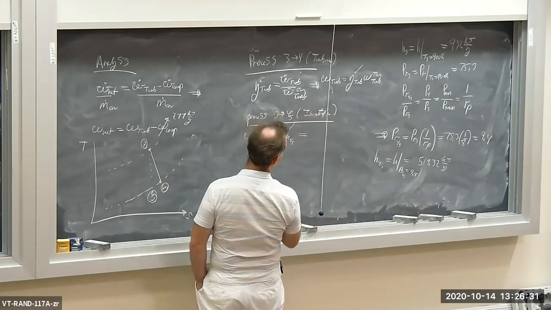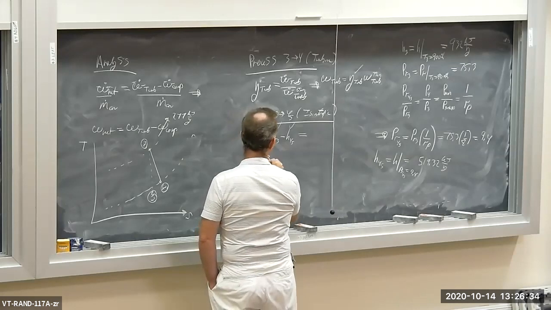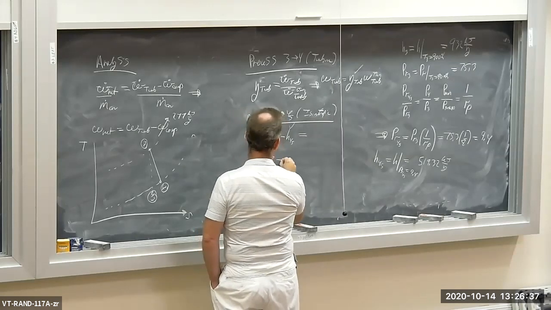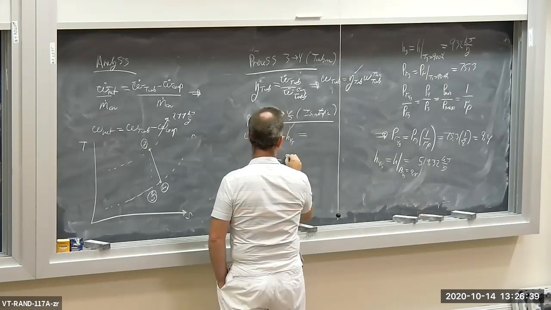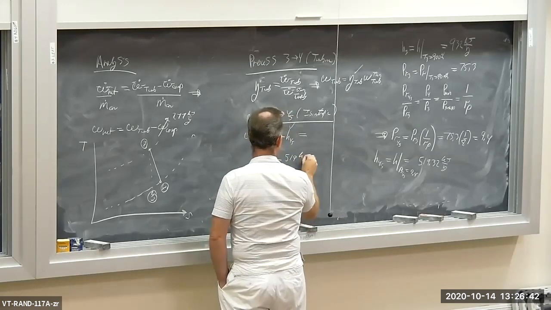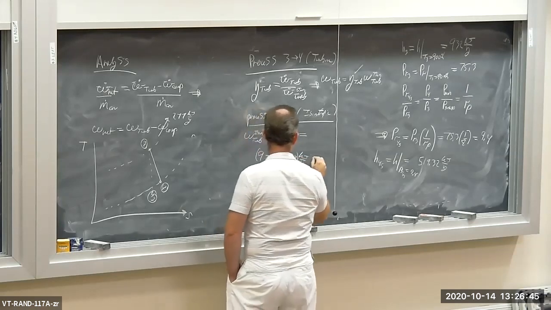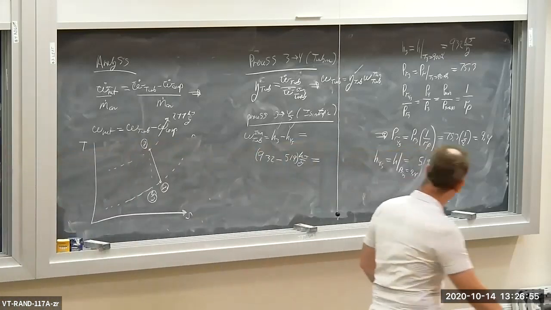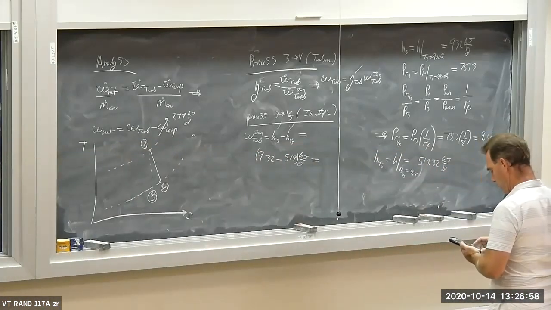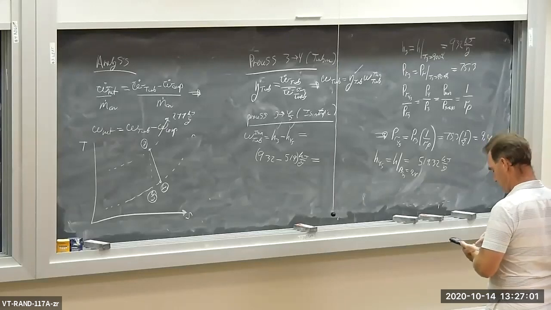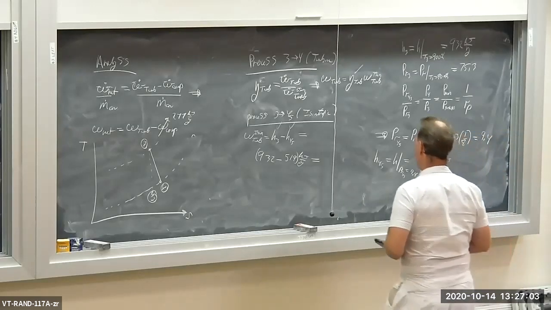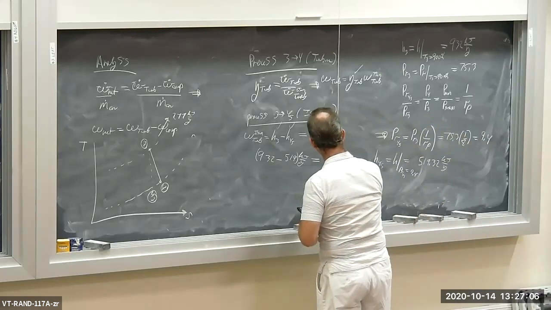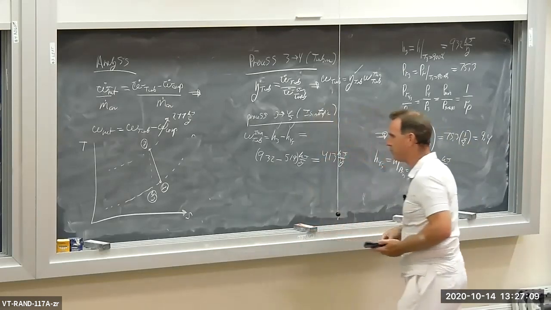Okay, I have H3, I have H4s. So 932 minus 519 kilojoules per kilogram gives the specific work for the isentropic turbine, the most efficient one. 932 minus 519 is 413 kilojoules per kilogram.